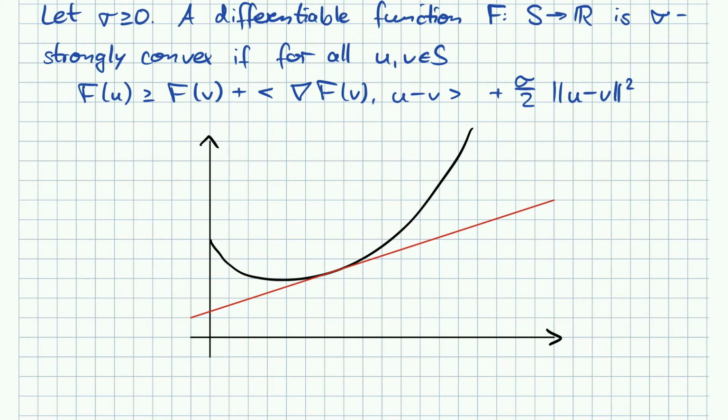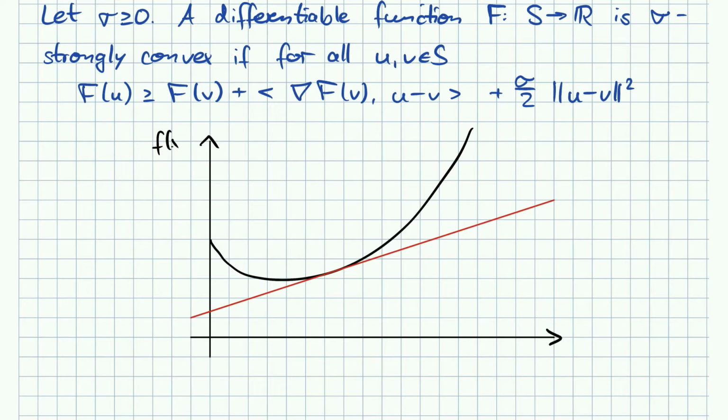This would also be fulfilled, for example, by the function which is this red line. So a linear or affine function, this would be nothing but its own tangent hyperplane. But what we now assume is that we actually move away from the tangent. Namely, this is what's expressed by this term.